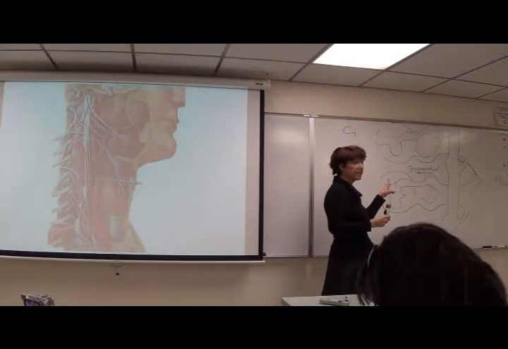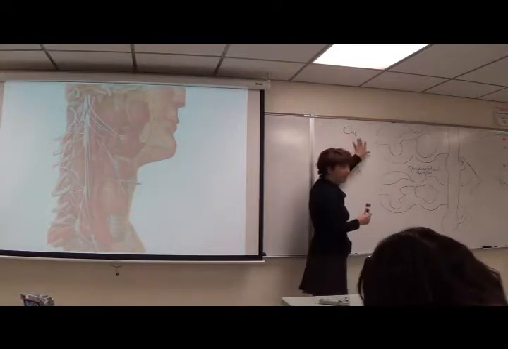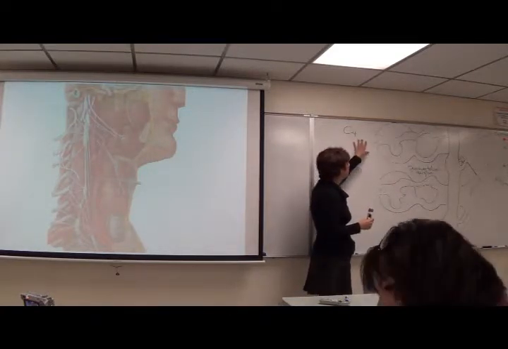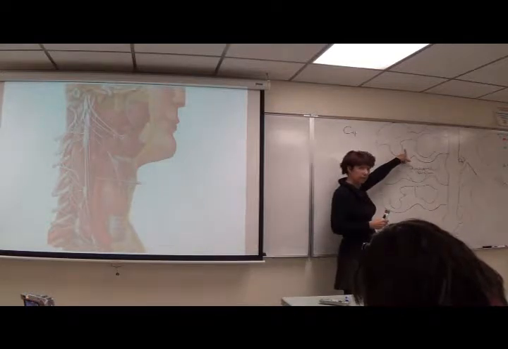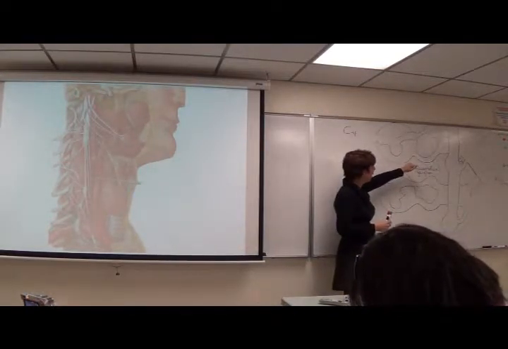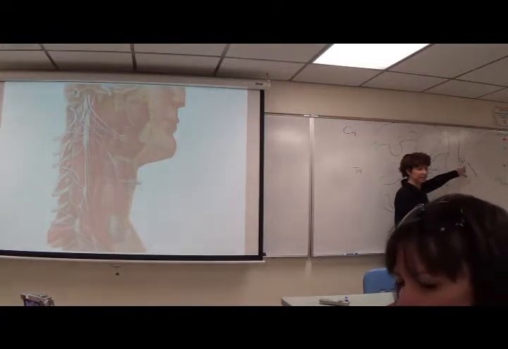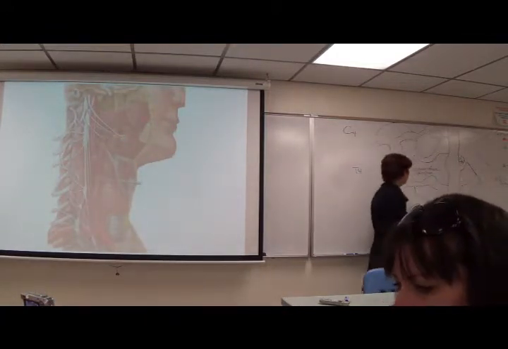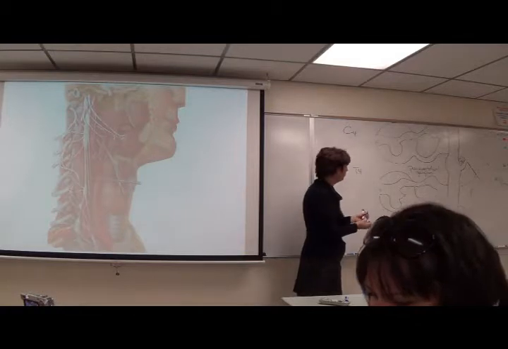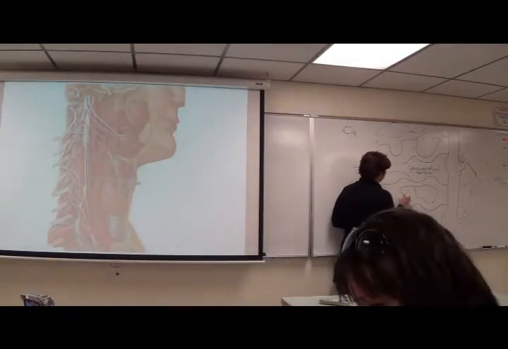Okay, the two key differences when we're looking at the cervical level: no lateral gray horn, and only one ramus communicantes. So let's put in our preganglionic neuron again.